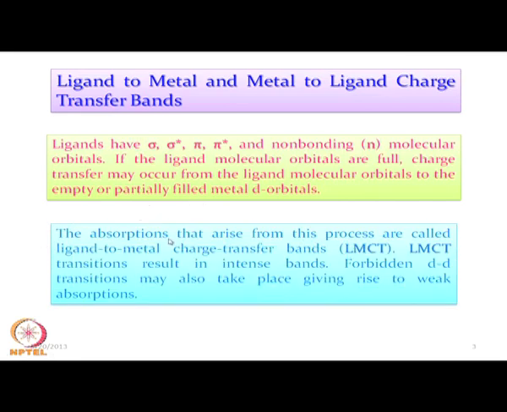So, in the absorption that forms from a process of this type, that means ligand to metal charge transfer is taking place, we will be getting the corresponding bands, the LMCT bands. And LMCT transitions result in intense bands, since the probability is very high for these transitions compared to the forbidden d-d transitions, which may also take place, giving rise to weak absorptions.